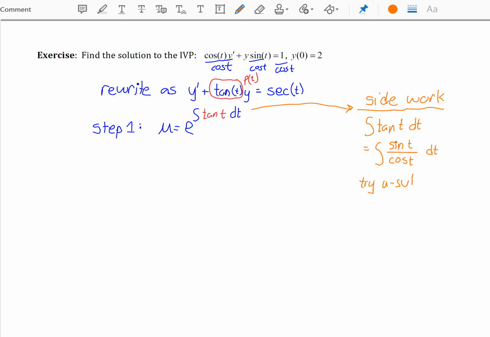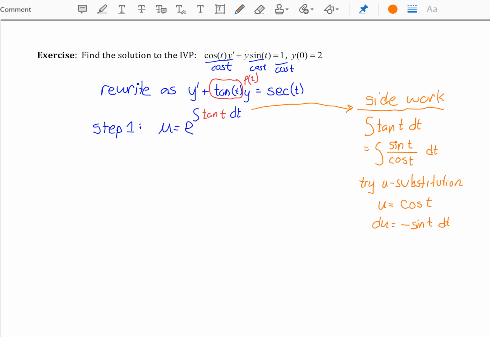Now here, our method is to try a u substitution, where we let u equal the term in the bottom, the cosine of t. Of course, if u is cosine of t, du would be negative sine of t dt.